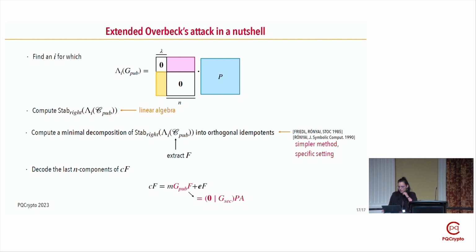And just a quick view in terms of operations: the computation of the stabilizer algebra is just linear algebra. In order to compute this minimal decomposition, there is an algorithm described in these two papers, but we prove that we can simplify this algorithm by using the fact that here we are in a very specific setting.